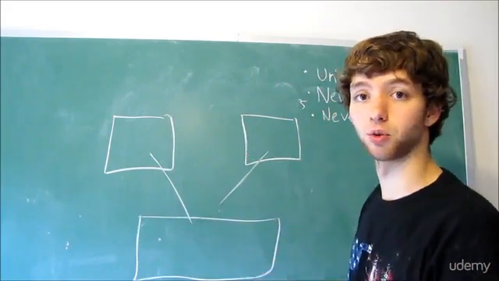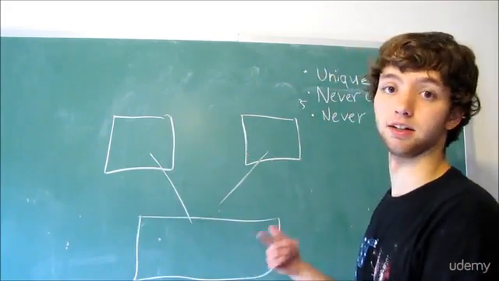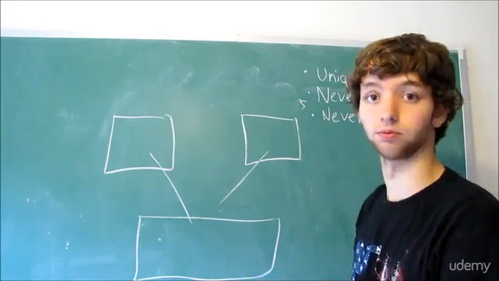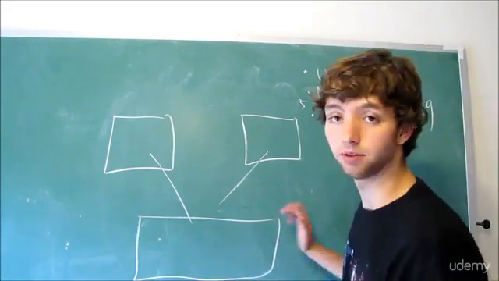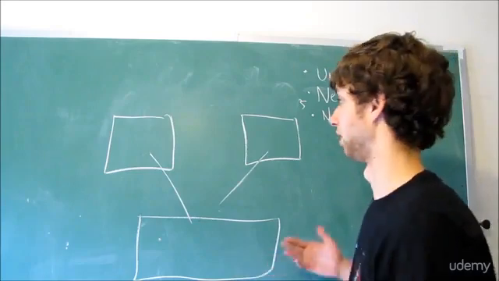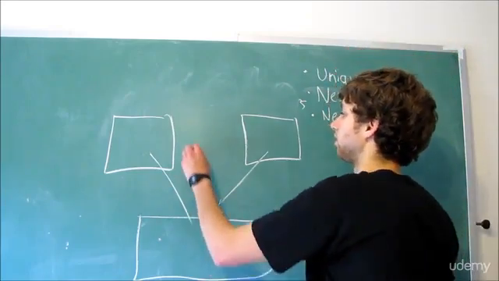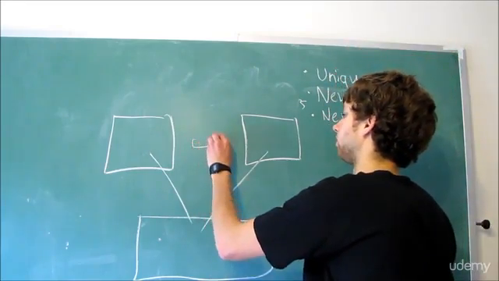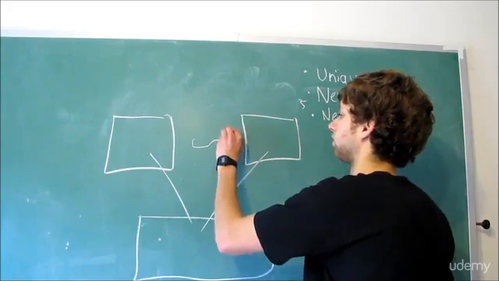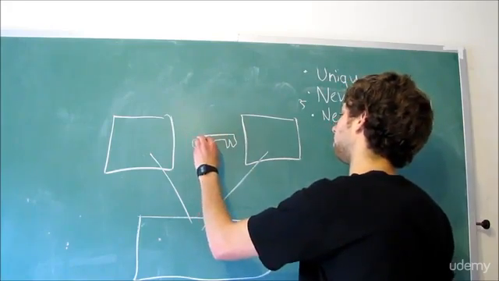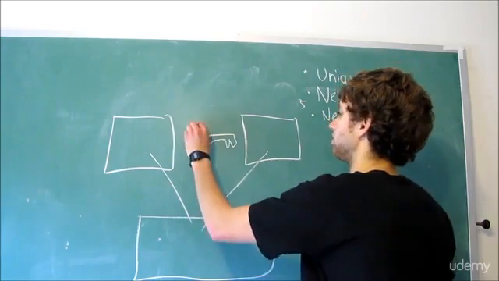And how does it know how to join it? It uses the key. So if we have a primary key, and let's say we used username, I'll draw the key here. The key is username.